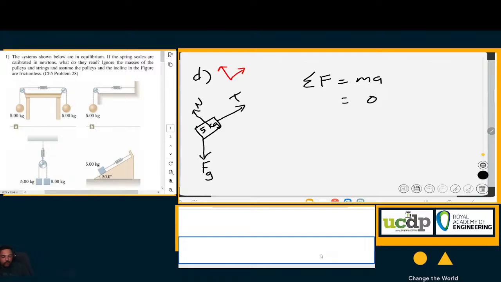So the sum of the forces are going to be, I'm only looking at the horizontal. So the sum of the forces in the horizontal component is equal to, there is the tension and then I subtract.